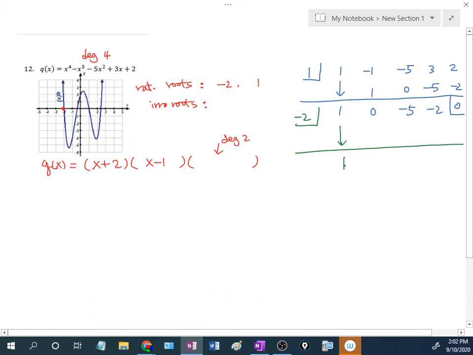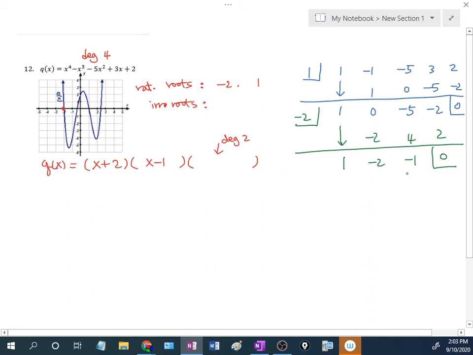So bring down number and multiply and add, multiply, add, multiply, and we get 0. So we do synthetic divisions twice, continuously, and then we'll get this quotient.